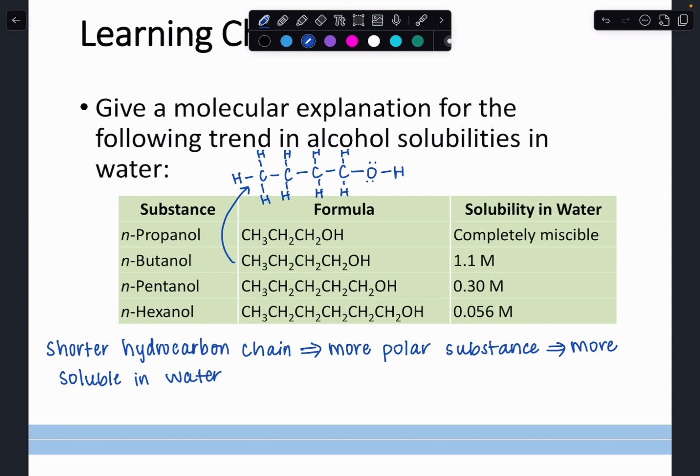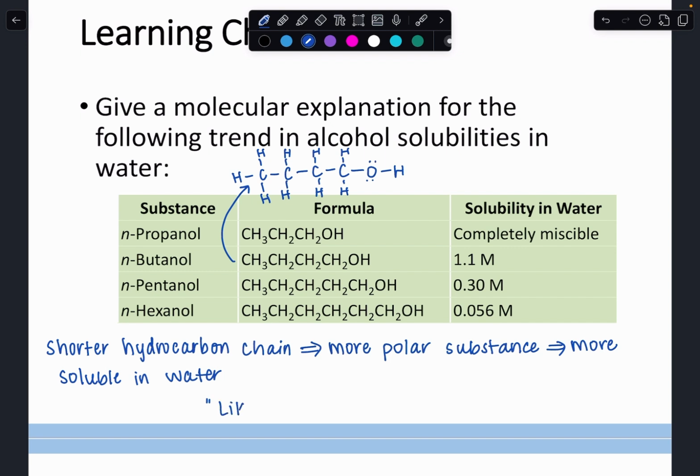Because water is polar. And then again, this is a result of like dissolves like.